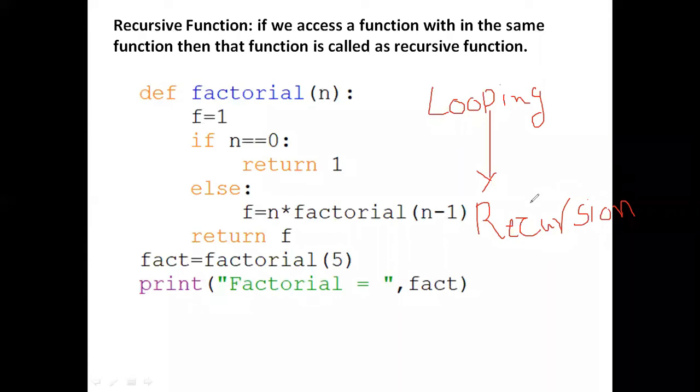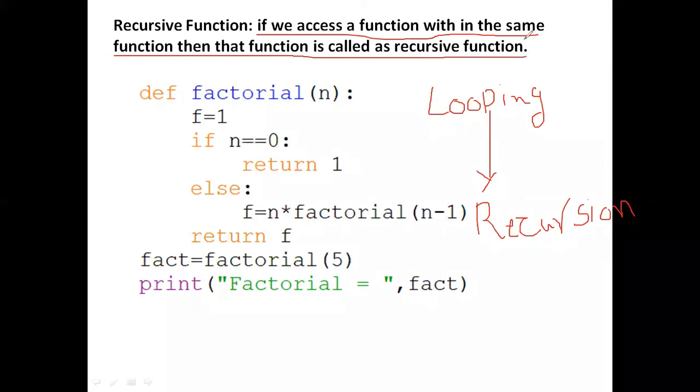So what is recursion? Recursion is nothing but a function calling itself. By definition, if we access a function within the same function, then that function is called a recursive function.